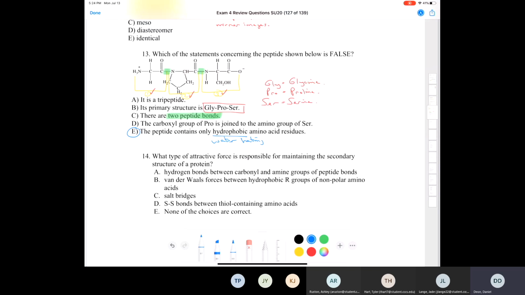The answer is serine. All right, and I'll highlight it here. Serine is hydrophilic, water loving, right? Because serine has a hydroxyl. Serine has OH, which can hydrogen bond, and so it's going to love water. So serine has a hydroxyl, therefore it has a polar R group, and it is hydrophilic.